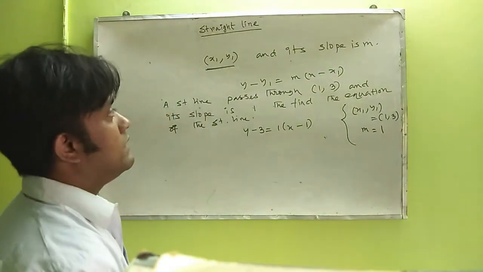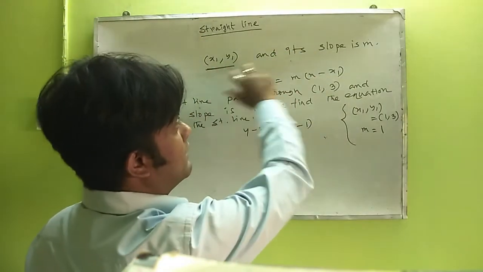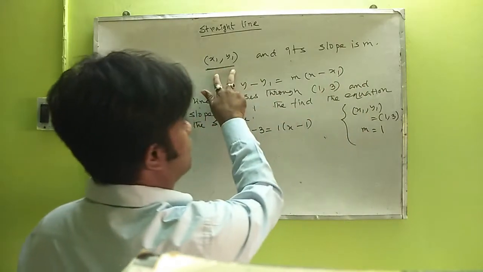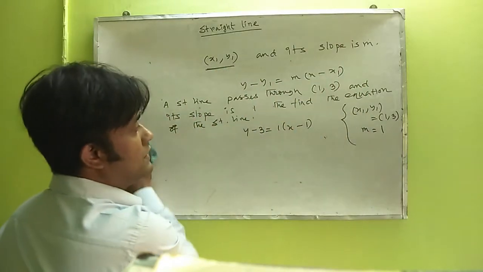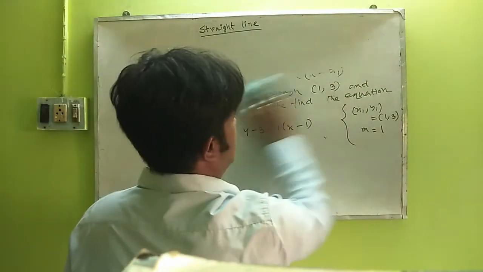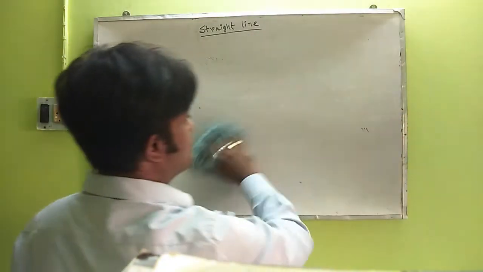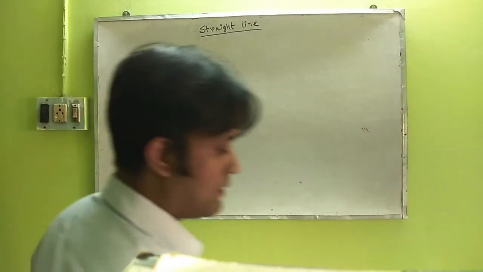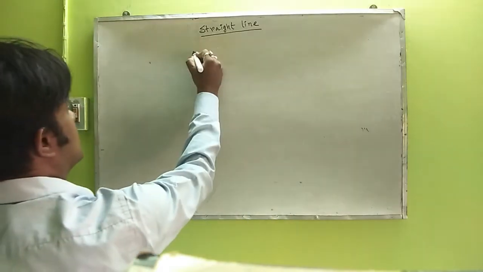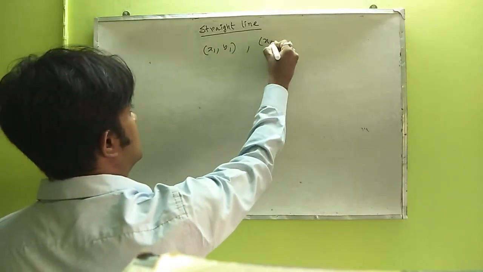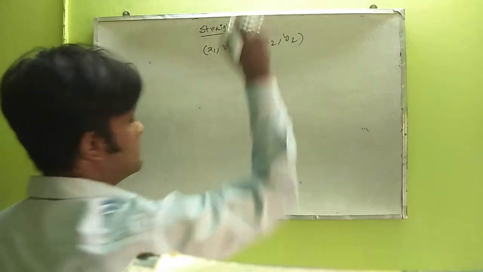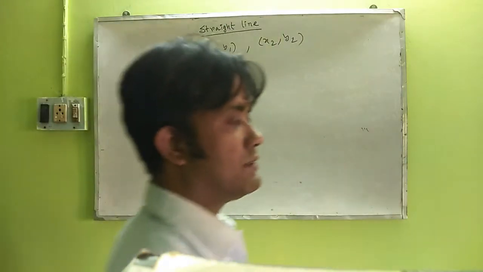Now this is the one point formula with slope given. If a straight line passes through 2 points x1, y1 and x2, y2, write down this.